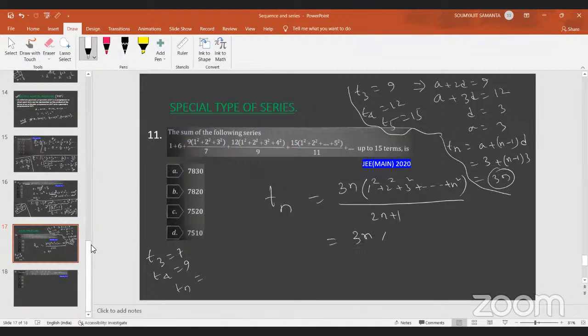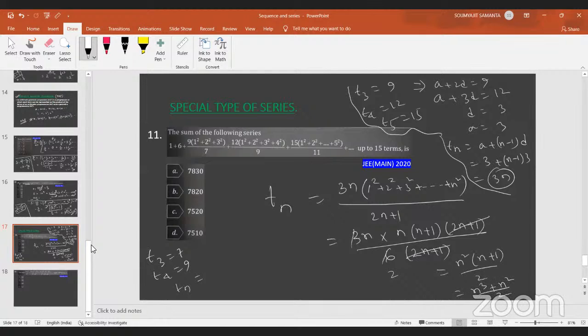So this is becoming 3n into n into n plus 1 into 2n plus 1 by 6, and the denominator is also there, 2n plus 1. So 2n plus 1 gets cancelled. 3 by 6 will become 1 by 2. So this is becoming n square into n plus 1 divided by 2, that is nothing but n cube plus n square divided by 2.